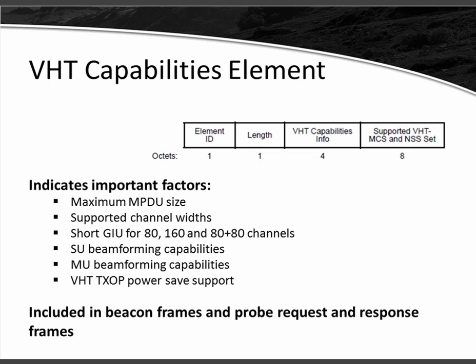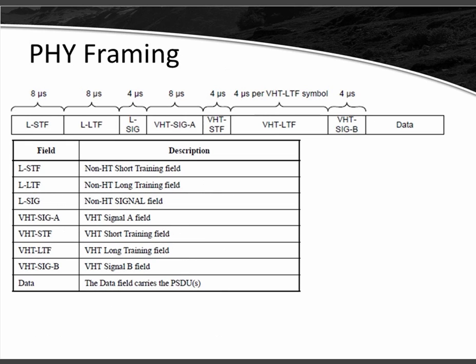This is part of what is included in the VHT capabilities information element. Now this is going to be in beacon frames and probe request and probe response frames, for example. So this is not necessarily something you're looking for in a data frame. This is something you're looking for in frames that communicate to devices what the network is capable of so they can decide whether or not to participate in that network.